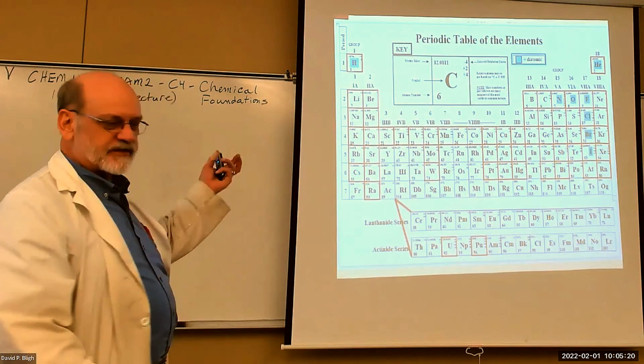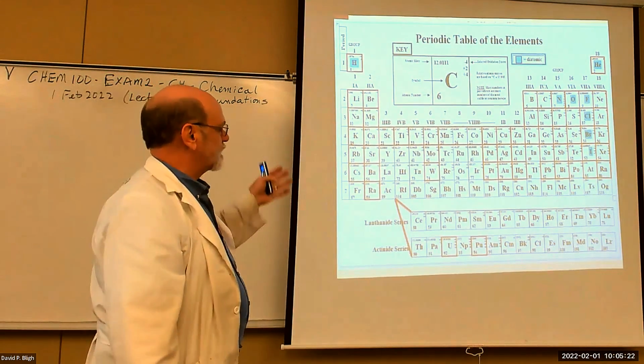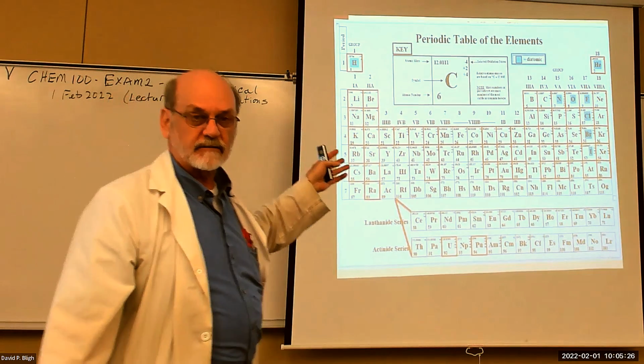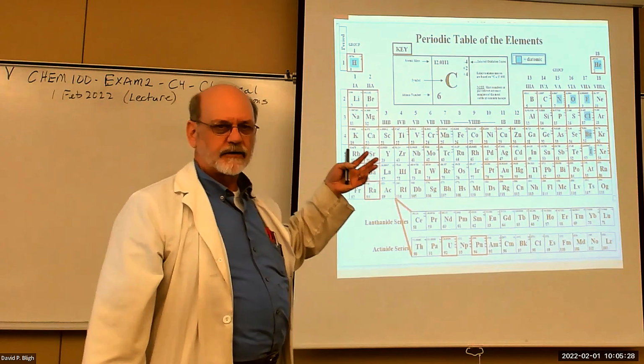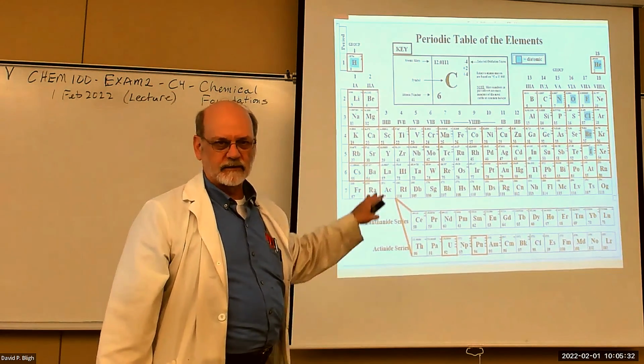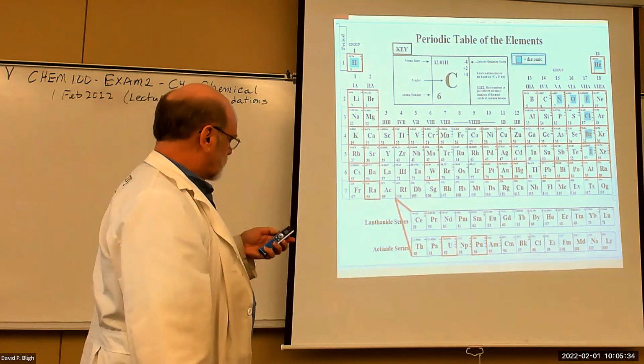Okay, and this is that same periodic table that I showed you before. I couldn't find one like this on the internet that I could reproduce. So I just said, I'm wasting my time. I'll build my own table. So that's the result.